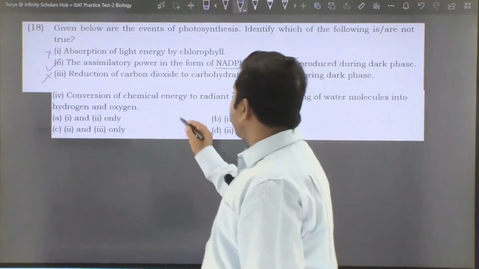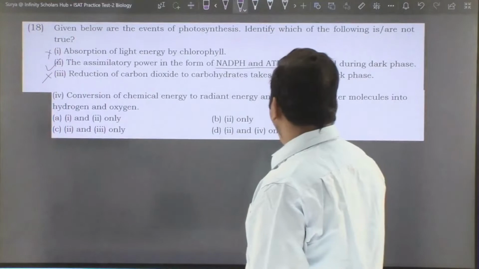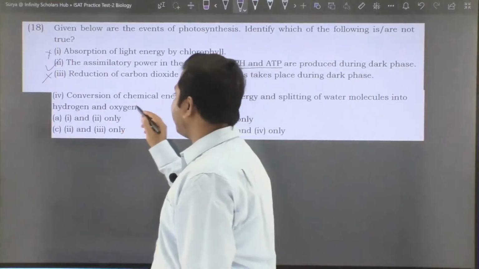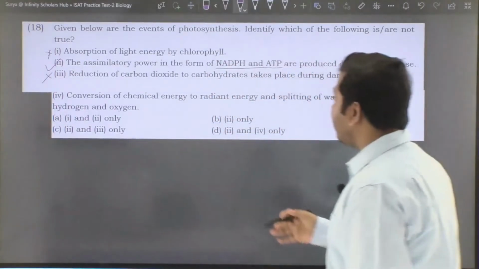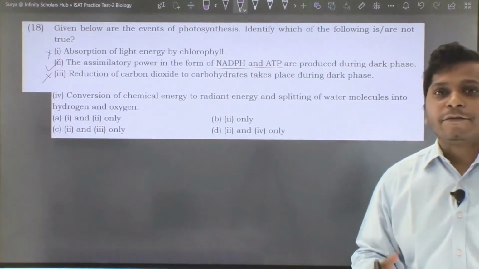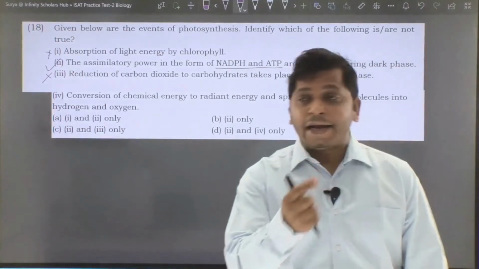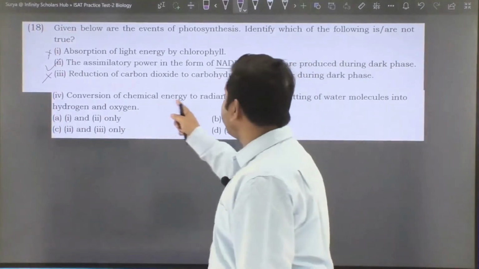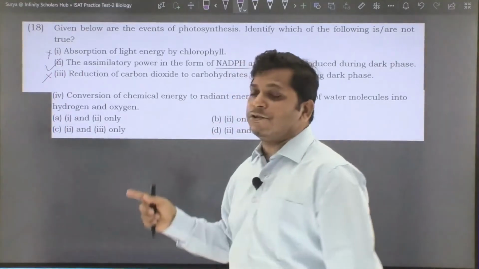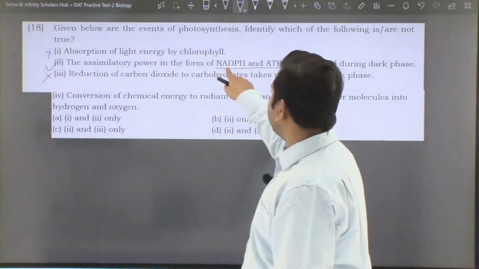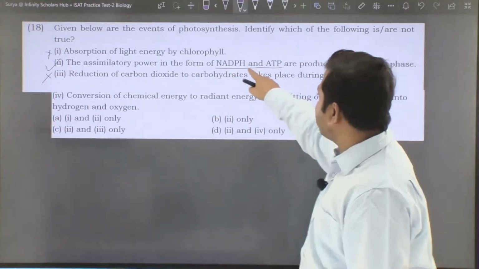IV conversion of chemical energy to radiant energy and splitting of water molecules into hydrogen and oxygen. Okay, as I was saying, the oxidation of water molecule takes place in the light reaction. But conversion of chemical energy into radiant energy, no, it is the conversion of the radiant energy into the chemical energy, because in the light reaction, what are the chemicals produced?